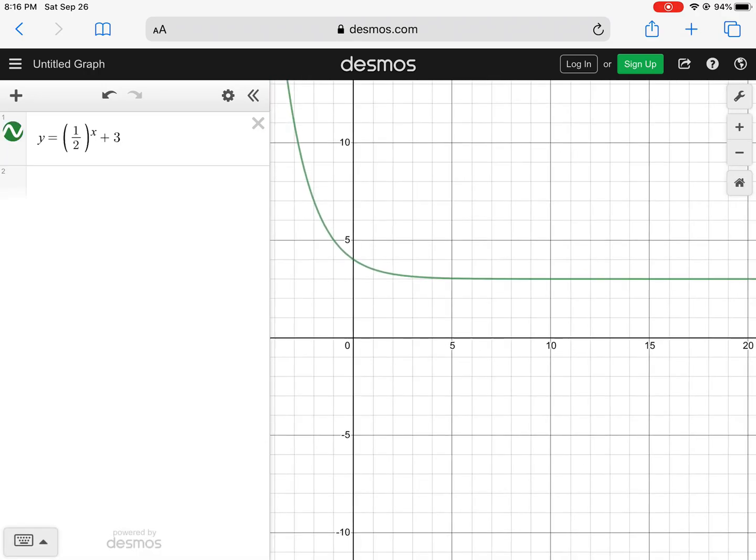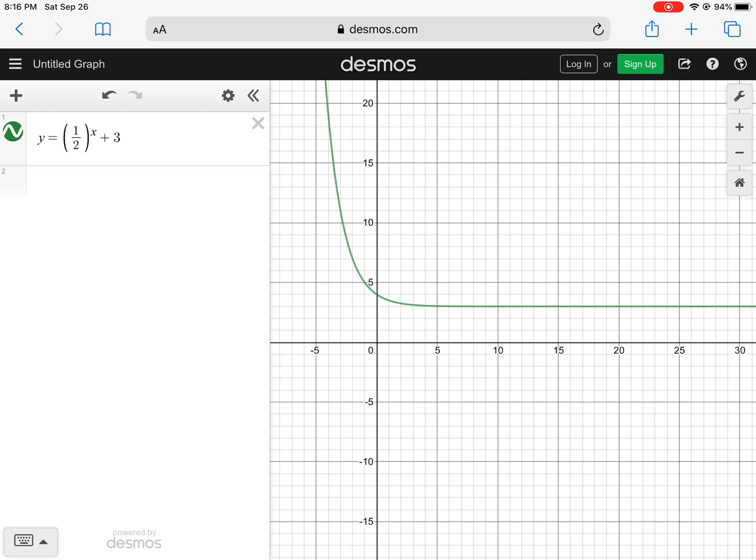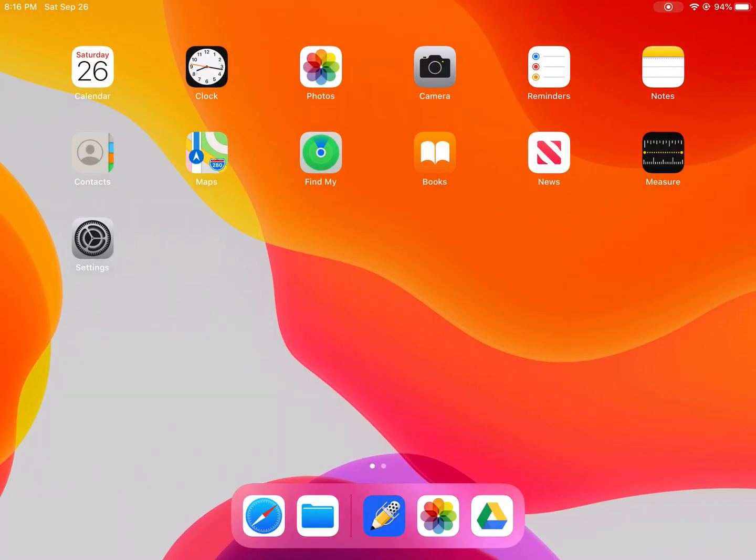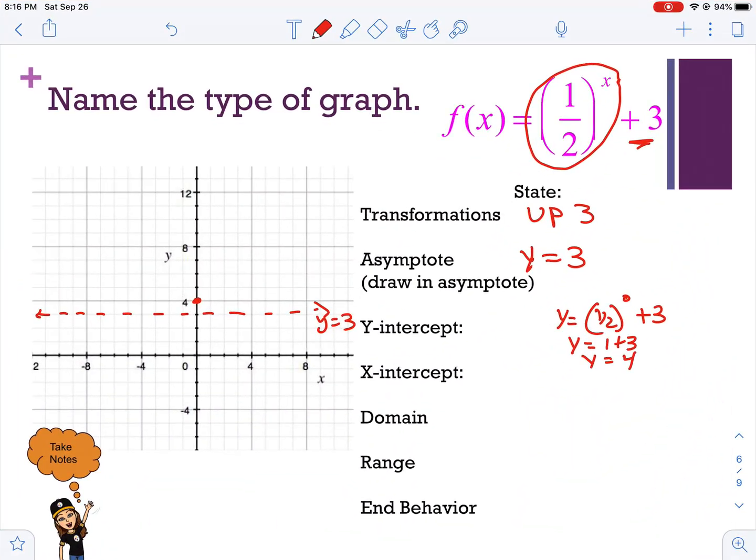So if I look at this one, will it ever cross the x-axis? No. Okay, but I can verify that that y-intercept is at 4, and I could also verify that the shape is exponential decay. Okay, so when I come back over to do my x-intercept on this one, I know that it will not have one.